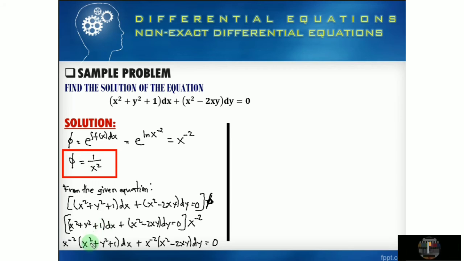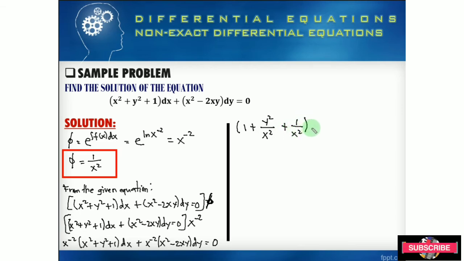So if you are going to distribute, this would become equal to 1, the first term, x squared over x squared is just 1, plus the second term is y squared over x squared, then we have here plus 1 over x squared.